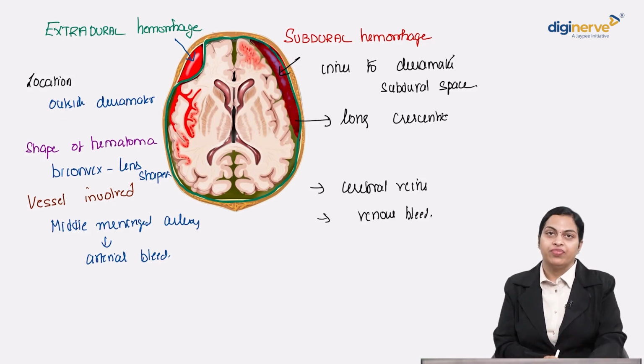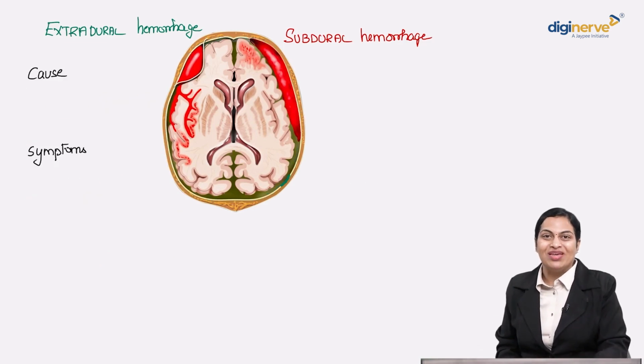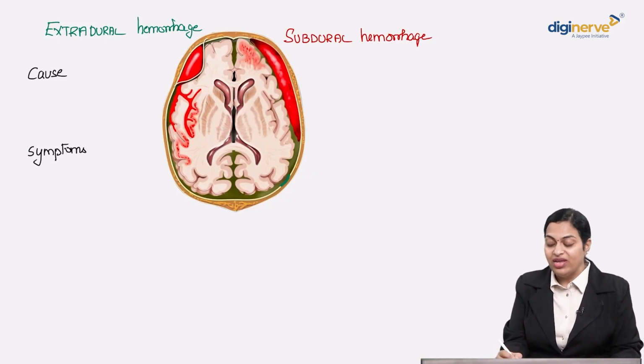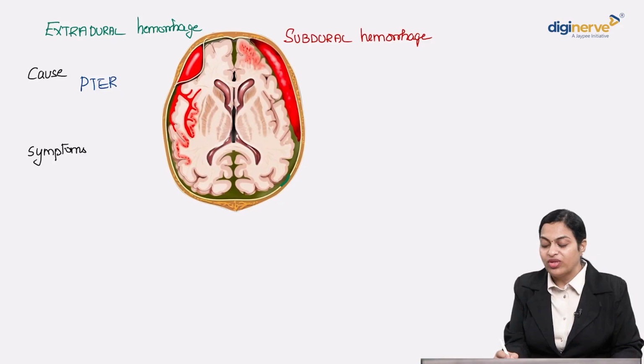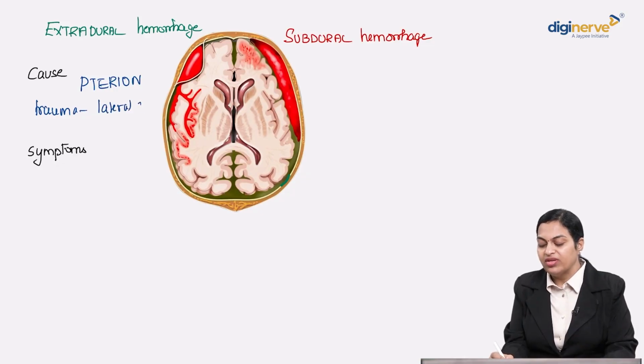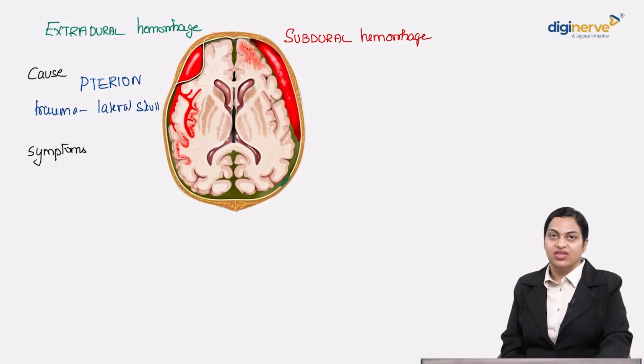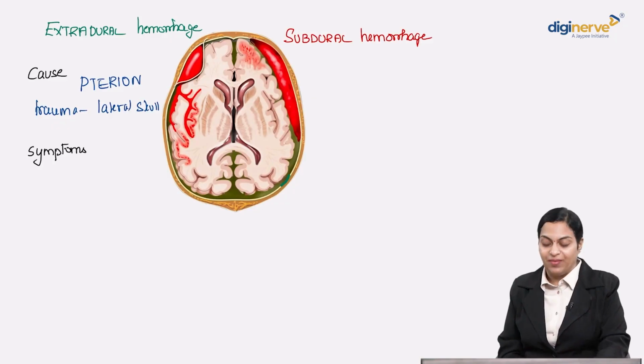So what is the cause for extradural hemorrhage causing rupture of the middle meningeal artery? We know it is related to the pterion, right? And the pterion is situated over the lateral aspect of the skull. So any trauma to the lateral aspect of the skull can rupture the middle meningeal artery, right?